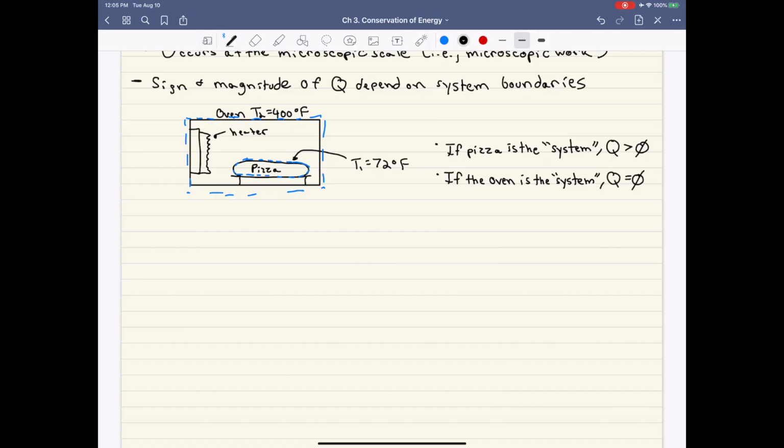Or in other words, we could say that this system is well insulated and adiabatic. Okay? And so that's the general bird's-eye view of what heat is.